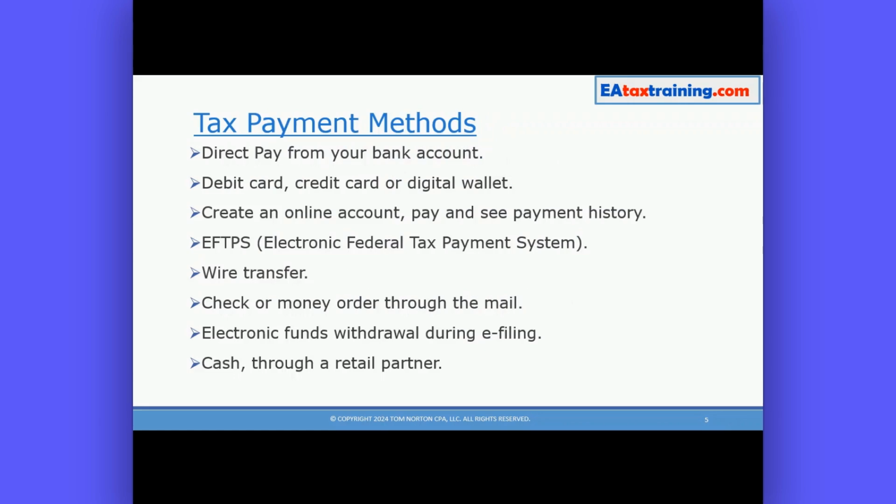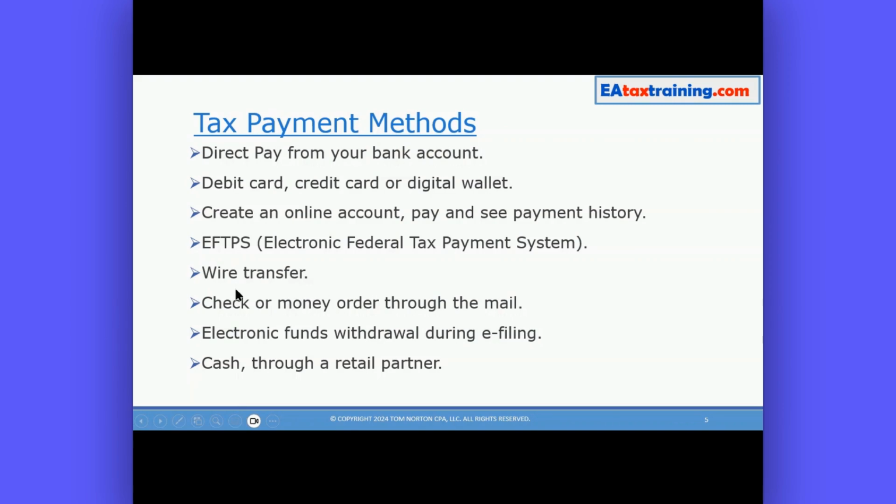First, what are the different methods you can use to pay your taxes? Well, you can do direct pay right from your bank account. You can use a credit card or a debit card. You can create an online account with the IRS, and then you can pay there and you can see your payment history. Most businesses will use the Electronic Federal Tax Payment System, otherwise known as EFTPS. You will want to know what that stands for the exam.